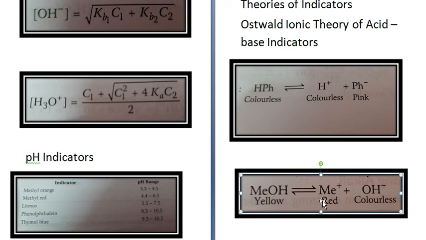In acidic solution, equilibrium shifts towards the right as H plus ions furnished by the acid combine with OH minus ions to form H2O, and the concentration of Me plus ion increases and the solution has red color. In basic medium, equilibrium shifts towards the left due to the common ion effect and the yellow color of MeOH solution is formed. So this is how the Ostwald ionic theory of acid-base indicators works.